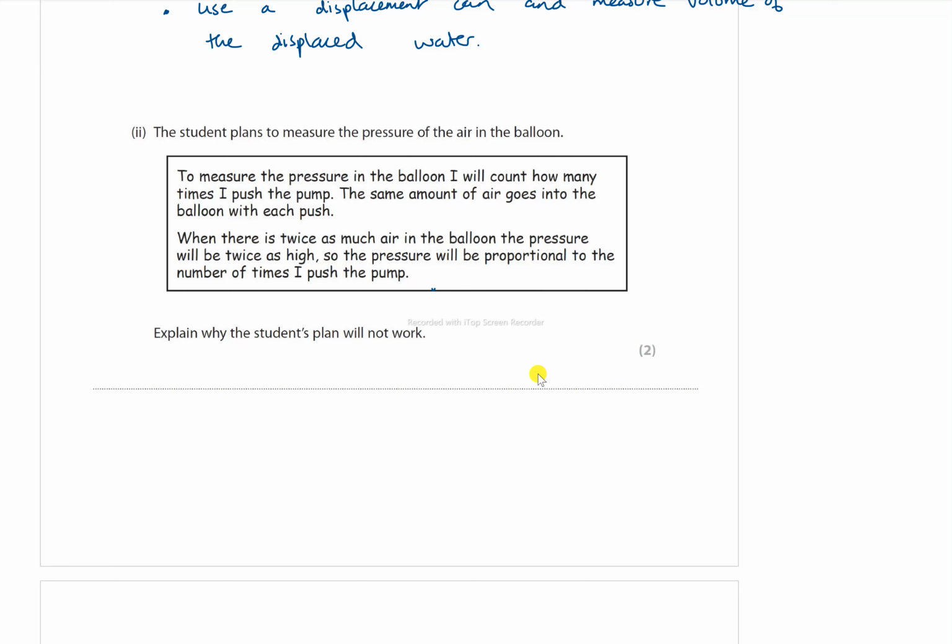Right, this is an interesting one. So what they've said is, why is it not fair? It is not a fair test. Why?